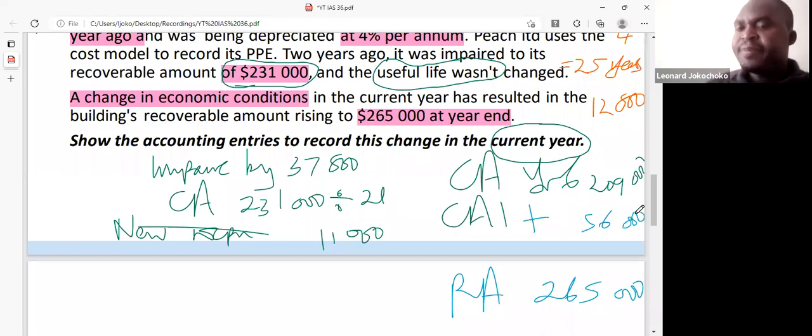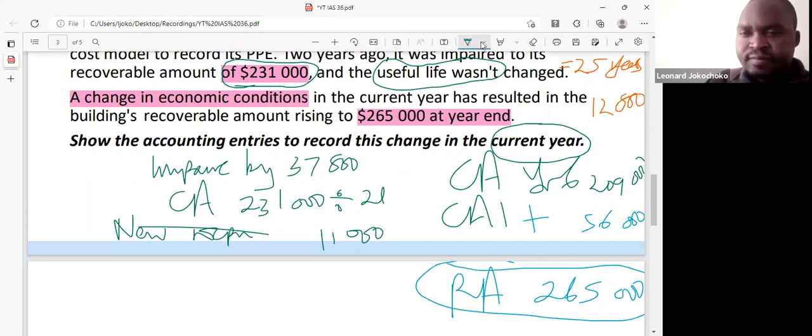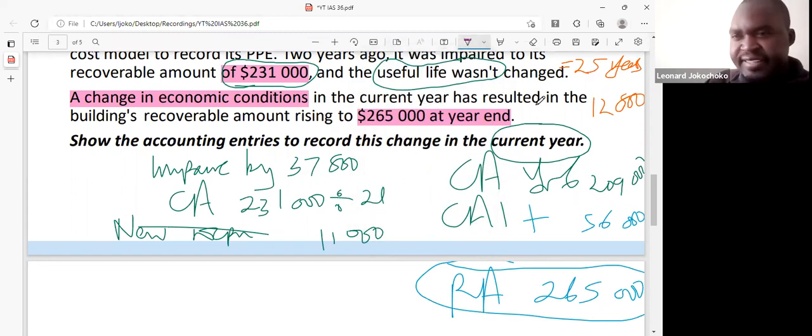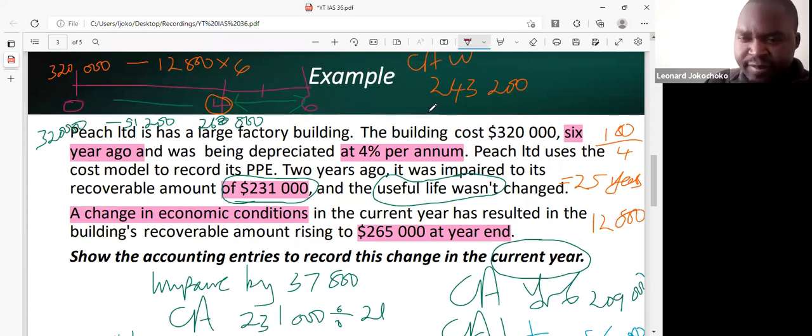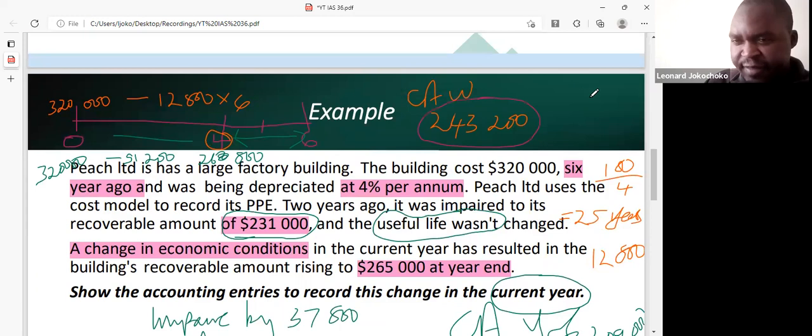Now remember the principle. The principle says when you make an adjustment in the carrying amount, that is the revised carrying amount, it should not exceed the historical carrying amount. The carrying amount after impairment must not exceed the carrying amount without impairment. Now, our carrying amount without impairment is 243,200, and our carrying amount after a reversal of the impairment is now 265,000.